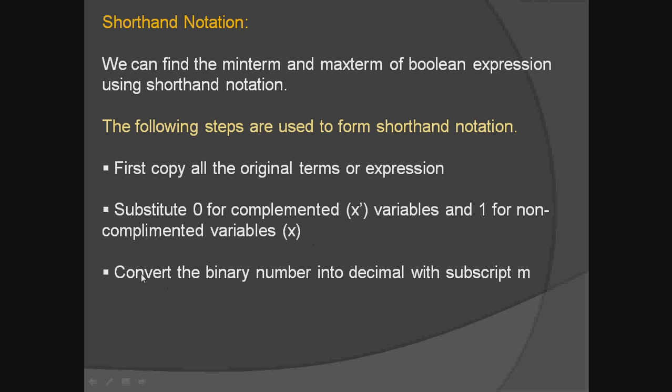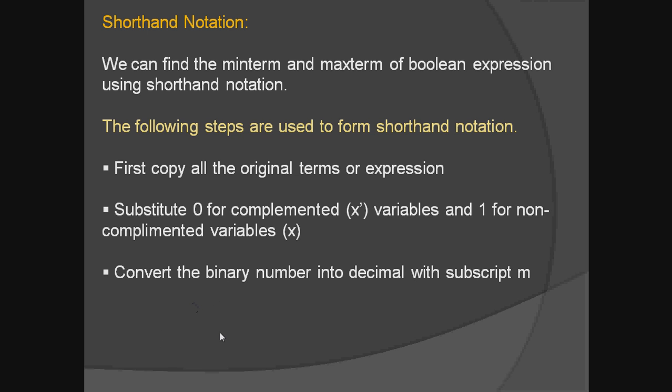Then we convert the binary number into a decimal number, since we know that in Boolean algebra all the values assigned are 0 and 1 only, that is, binary numbers, right?